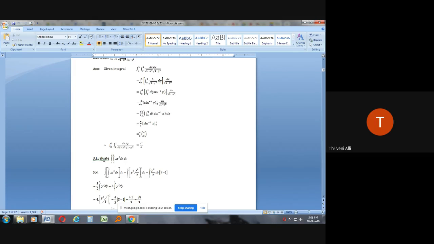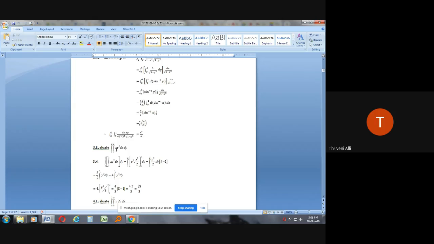And see the third one. The third one also has both constant limits. Integral 1 to 3 is a constant limit, and integral 1 to 2 is also a constant limit. Here also we have to integrate with respect to any variable first, either x or y. We are doing x first, that is integral 1 to 3 of x y square dx.